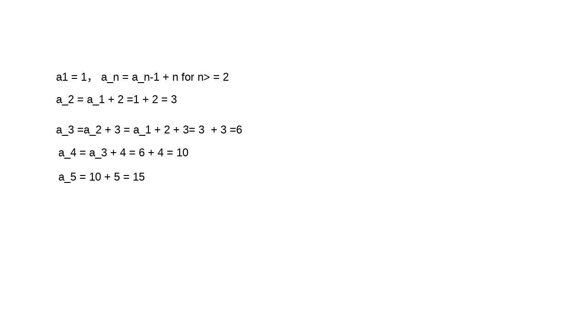Right? So A4 is A3 plus 4. That comes from A3 comes from A2 plus 3, right? Then plus 4 equals 6 plus 4 equals 10. And also we can write one more term. So A2 is A1 plus 2 and plus 3 and plus 4.